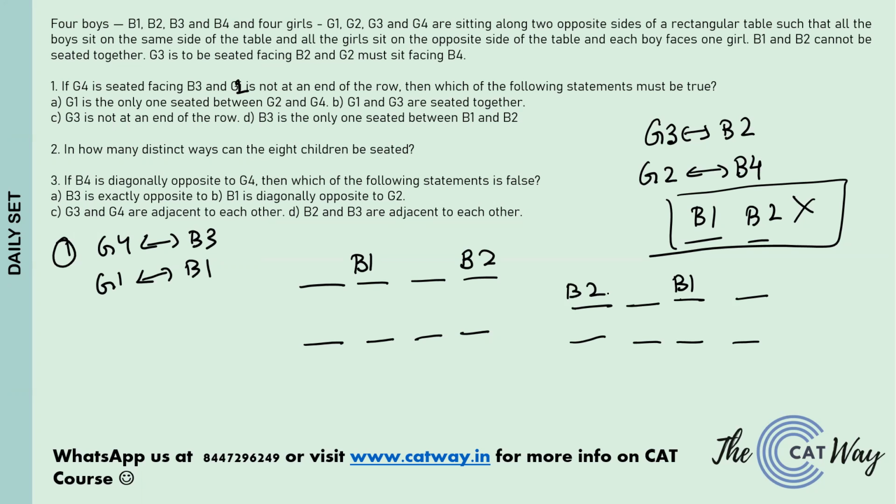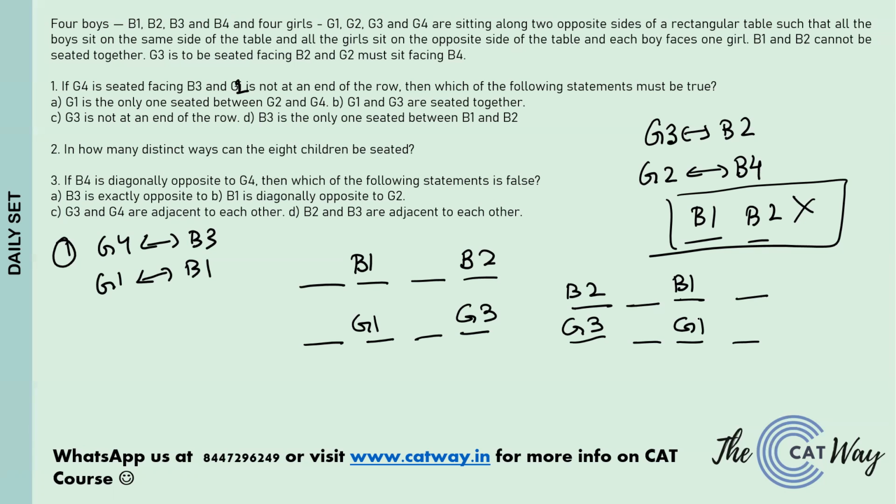Now, similarly, in front of B1 there's G1, and in front of B2 there's G3. So here will be G3, here will be G1. Now, what are we left with? In terms of girls, we are left with G4 as well as G2. So no certain information as to where they are sitting is given to us.